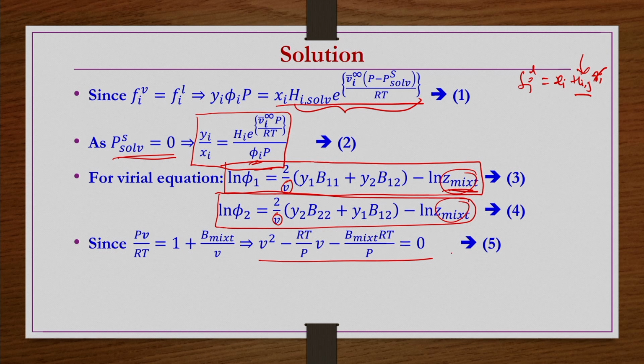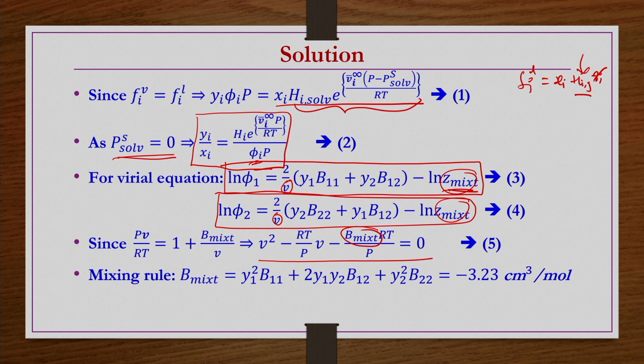From equation 5, if you know B mixture, then you can find the roots of this equation and find V, because R, T, P are also known. B mixture you can find by the mixing rule: B mixture is y1 squared B11 plus 2 y1 y2 B12 plus y2 squared B22.